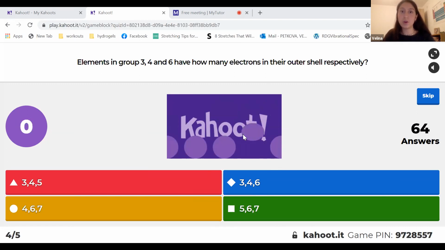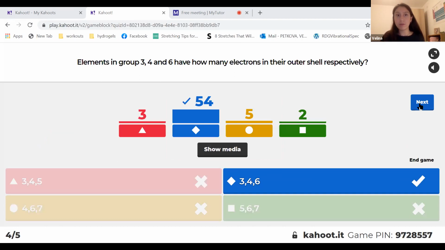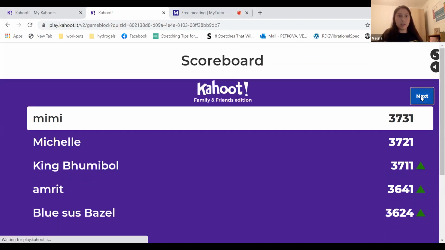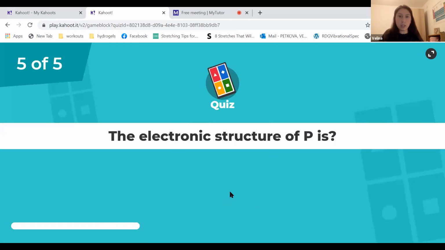Well done. Yep. So how many electrons do they have in the outer shell? They're in the groups. Obviously, the group number tells us how many electrons are in the outer shell. So we just need to have 3, 4, and 6. Well done to Mimi for keeping her top place. And last question: what's the electronic structure of P?